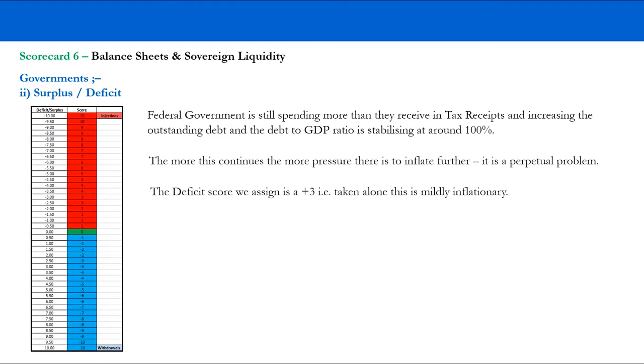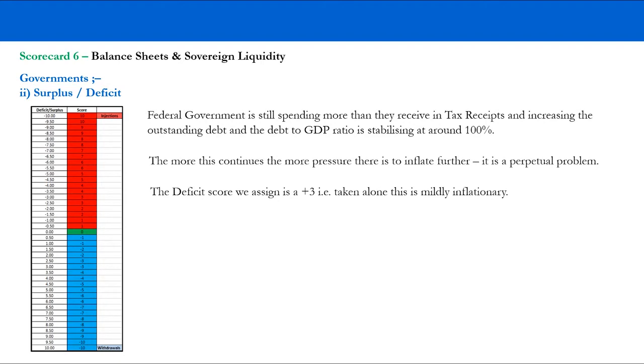So we do still have inflationary conditions as evidenced by the deficit, but the deficit as a percentage of GDP is reducing, and therefore outstanding debt is in its growth is slowing down. So it's stabilizing around 100. The problem is the more this continues, the more pressure there is to inflate further. So as we know, it's a perpetual problem.